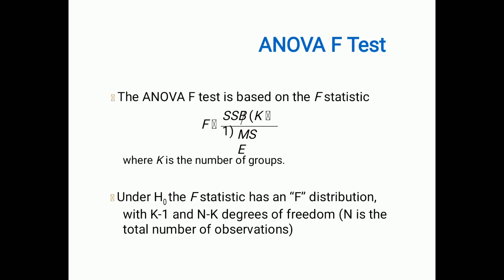Sometimes it is also denoted by capital N. Under the null hypothesis, H naught, the F statistic has an F distribution with K minus 1 and N minus K degrees of freedom. Here N is the total number of observations and K is the number of groups.